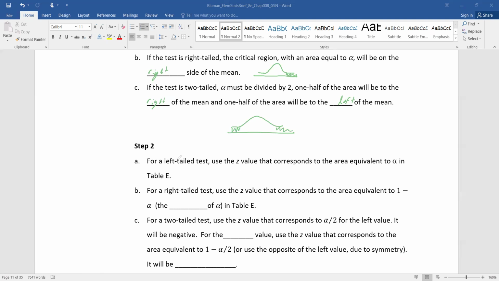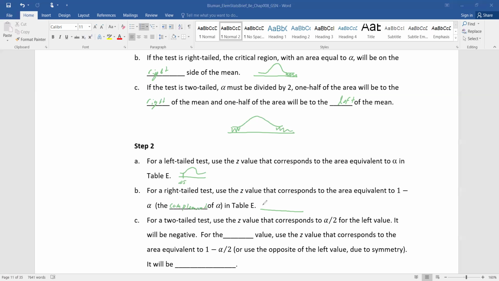All right, so in step 2, for a left tail test, we'll use the z value that corresponds to the area equivalent to alpha in table E. For a right tail test, we'll use the z value corresponding to the area equivalent to 1 minus alpha, also known as the complement of alpha in table E. So notice in a left tail test, whatever this is, if this is 0.05 or whatever, I can just go straight to that.